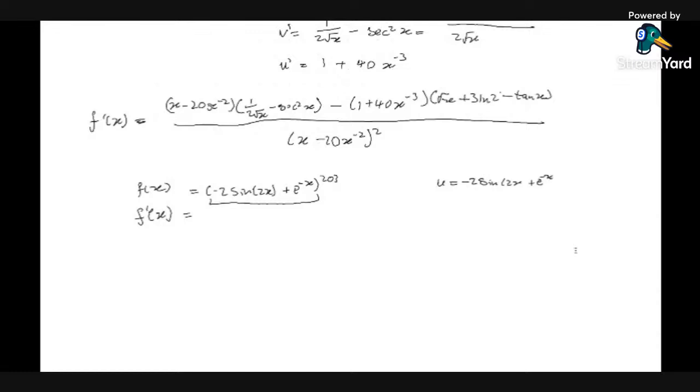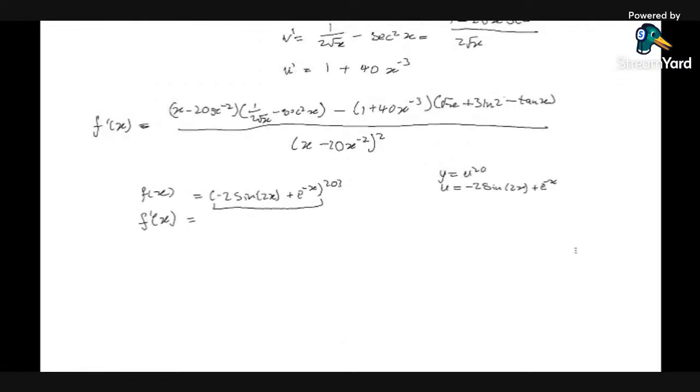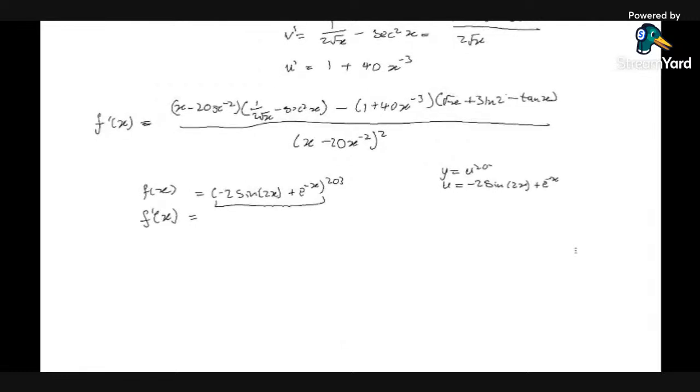And then now you have your y, or the f(x) equates to u to the power of 203. So now y prime is basically u prime times 203 times u to the power of 202, right?